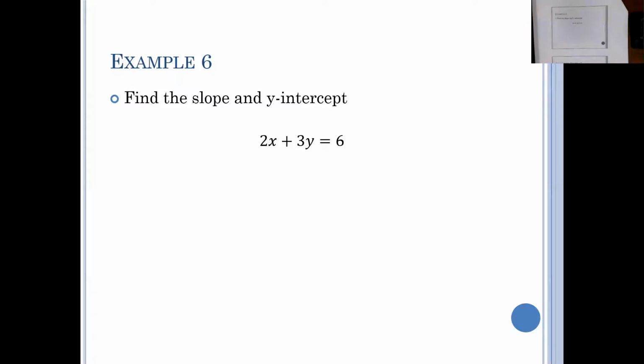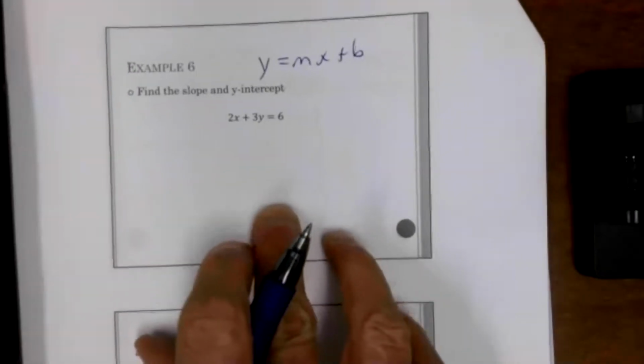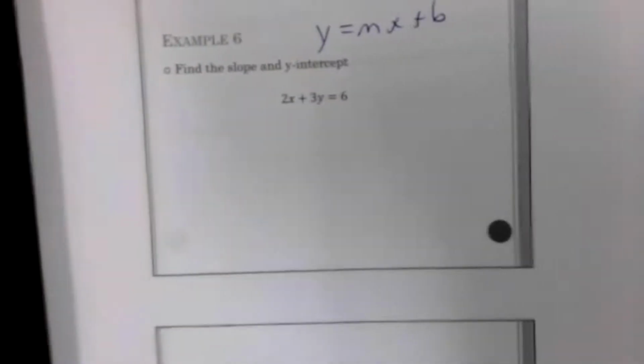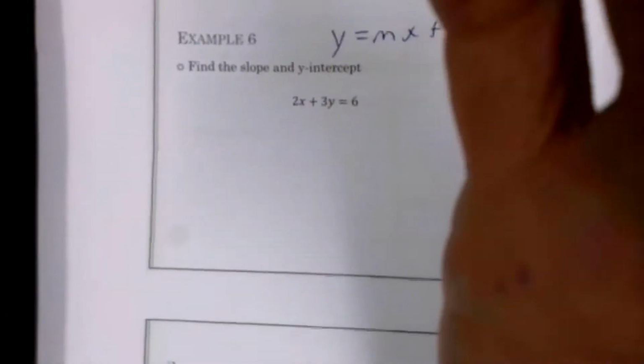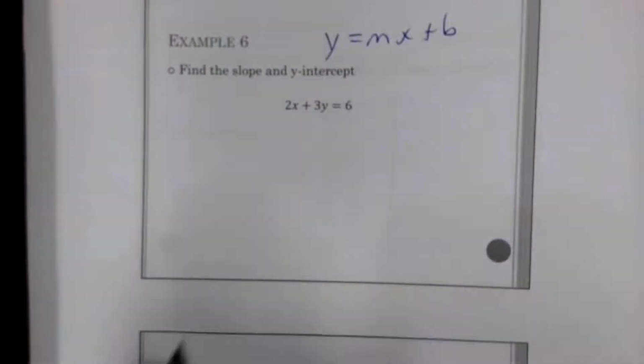But we are given the equation, and what we have to do is find that information, the slope and the y-intercept. So what you want to do is get the equation in this form: y equals mx plus b. So what I'm going to do is take this equation and, using algebra, solve it for y.